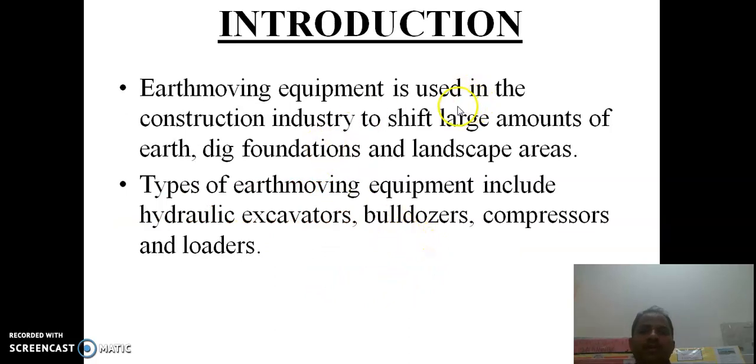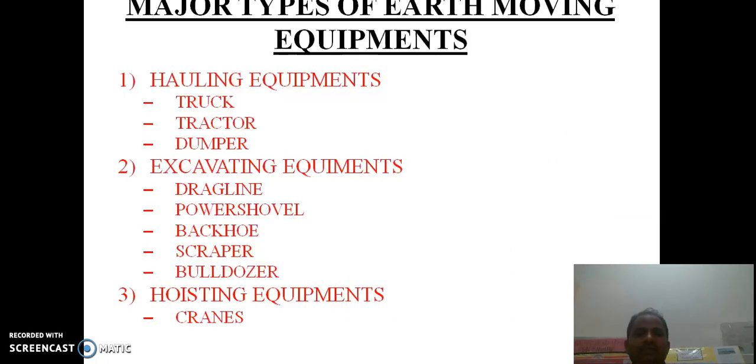Earth moving equipment is used in the construction industry to shift large amount of earth, dig foundations and landscape areas. Types of earth moving equipments include hydraulic excavators, bulldozers, compressors and loaders.